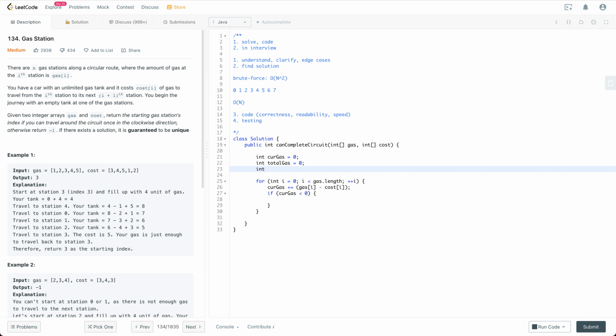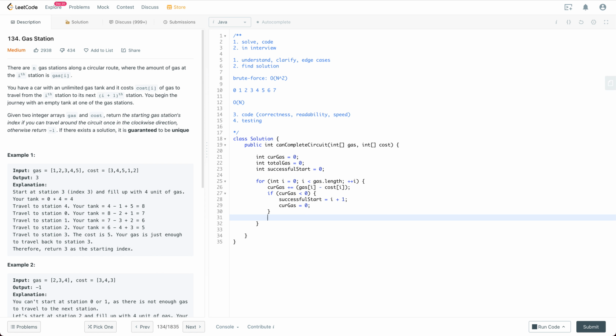So we actually need another variable, let's say it is called successful start, equal to 0 at the very beginning. If the current gas is smaller than 0, as we said, we are just going to start from the next position, so we set successful start equal to i plus 1. Since we try a new start point, we set our current gas equal to 0.